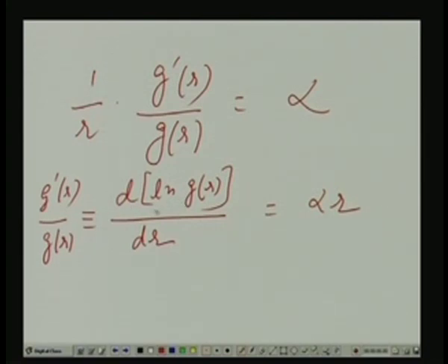Obviously, d by dr of ln g r means first you differentiate ln g r with respect to g, so you get 1 by g r, then g prime r, and that is equal to alpha r. So, ln g r will be the integral of this. g r will be the exponential of that.